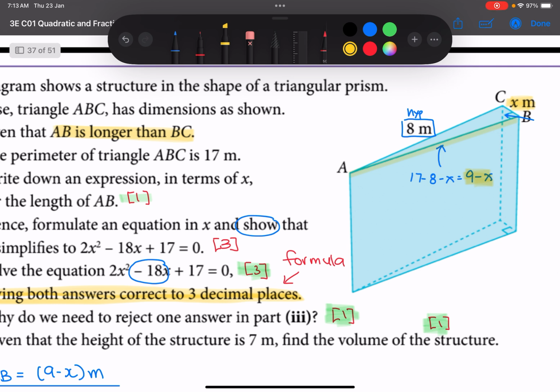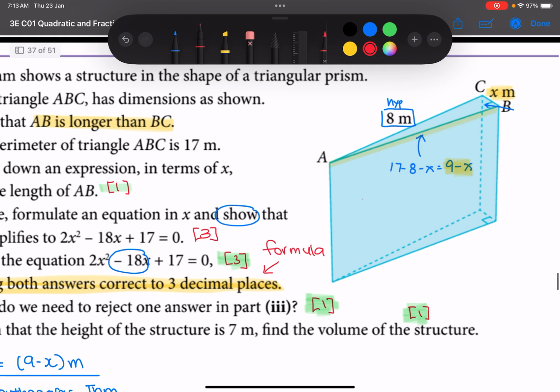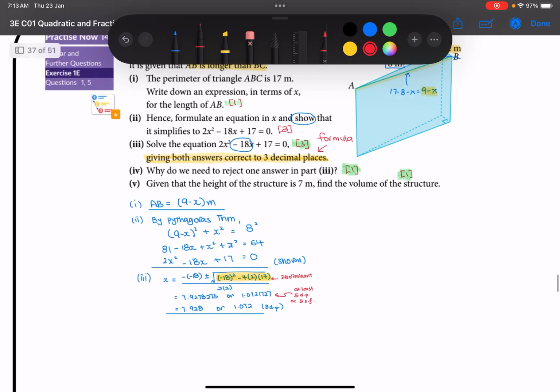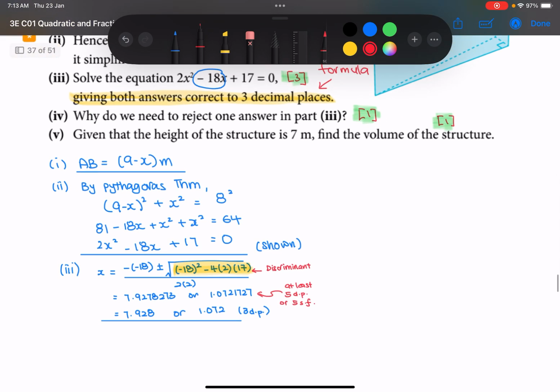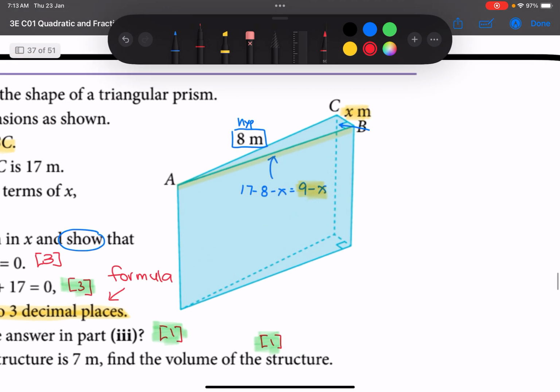So if AB is longer than BC, then I throw in some values for you. I have 7.9 and 1.0. AB must be longer than BC.